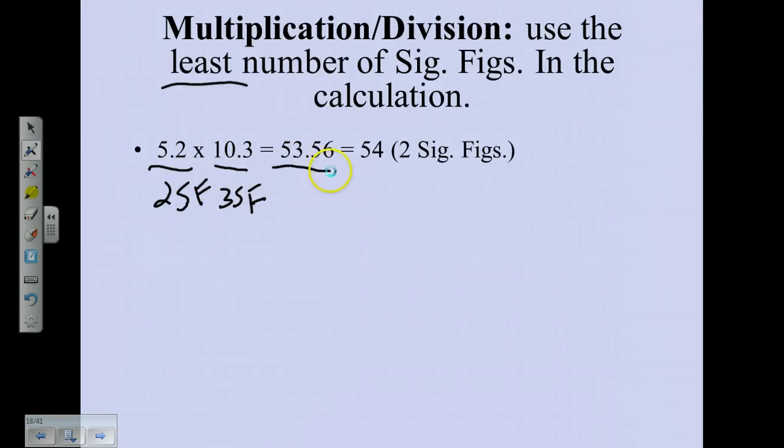We're going to carry out the whole multiplication, and then from that answer we're going to put it into the proper number of sig figs. In this case it's going to be 2. Because it's 2, we have 53. However, we're going to look here because we're going to drop this number. This number is 5 or greater, so we're going to round up the ones place, so our total answer is 54.